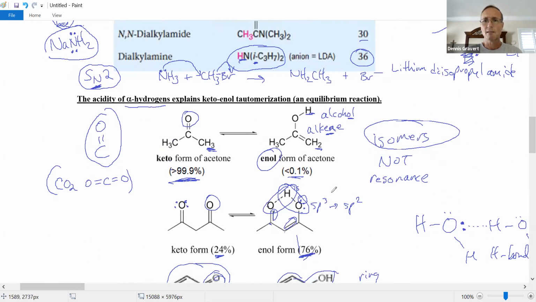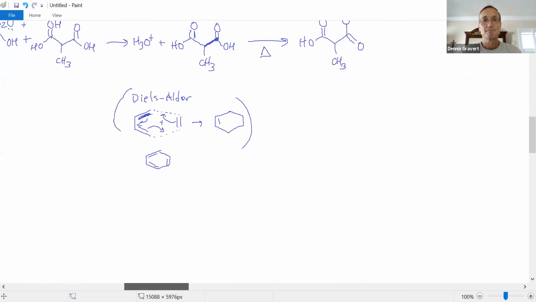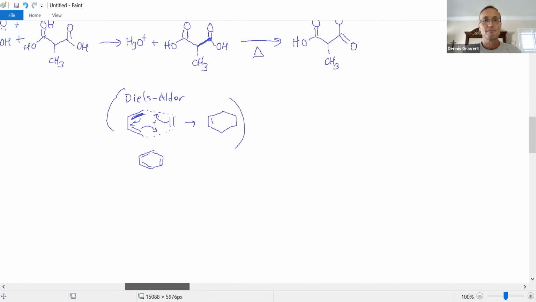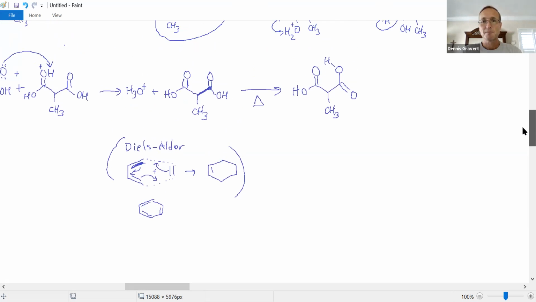Right here. The enol form. When you have a diketo compound, diketone compound, the enol is actually favored, where one of the ketones goes to the enol form and you can get internal hydrogen bonding. So that's what we're doing here. More space.